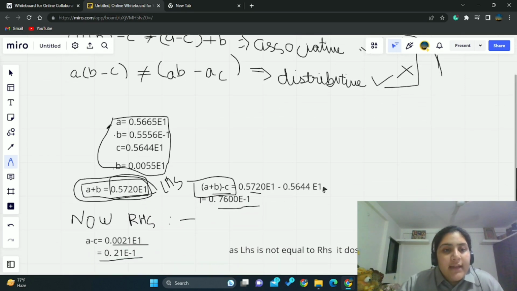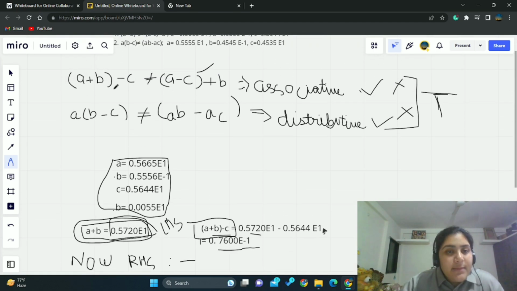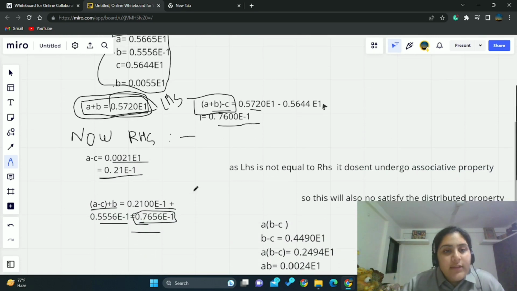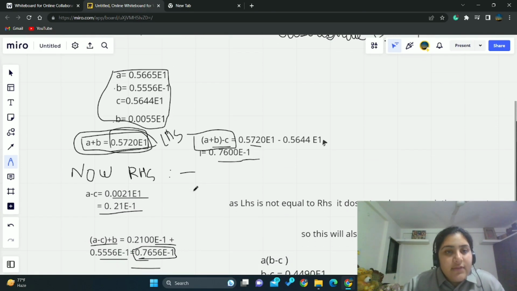So let's go. A, B and C values are given here. The property is A plus B minus C and A minus C plus B. So we have to check for both LHS and RHS. First we will check A plus B minus C. So here the A plus B value will be 0.5720 e, and A plus B minus C will be 0.7600 e minus 1.